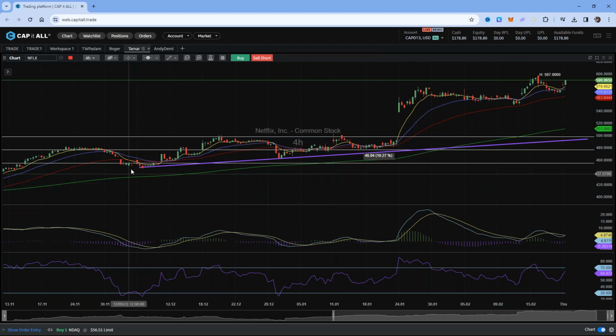You can see one touch, two touch, three. So if this was to do what I mentioned there and fills the gap, I think here would represent a very nice potential buy.